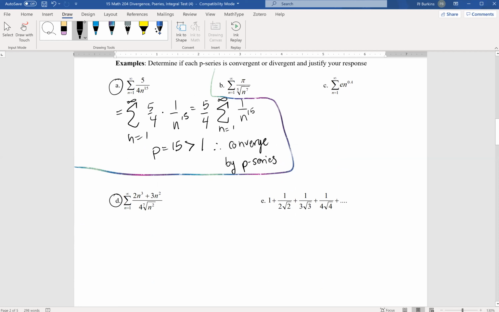All right, well, that one's pretty basic. We found p. It was 15. It's greater than 1. How about d here? Well, this looks like one of those cases where I should split it up. So let's make it into 2 summations.